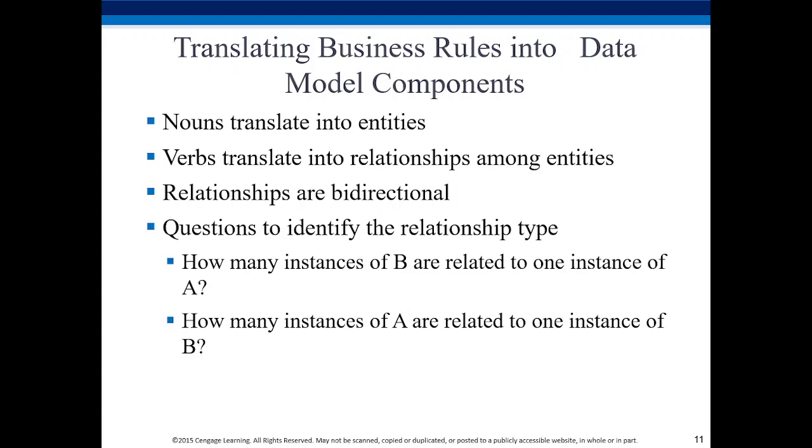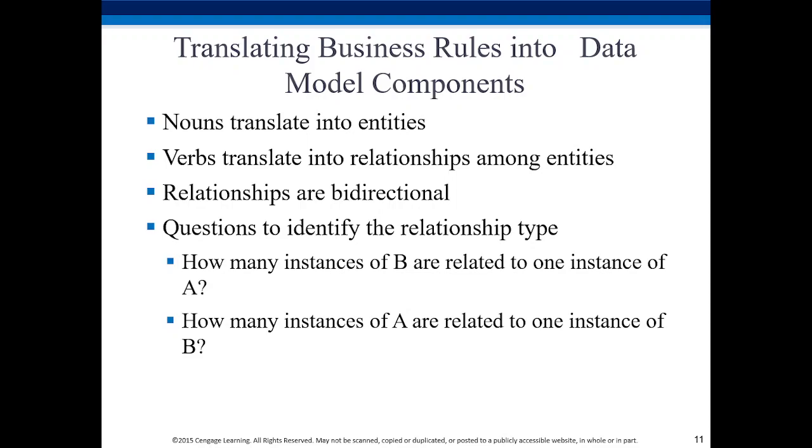Then the relationships are bidirectional. This works with, for example, the teacher and the classes. The classes are related to the teacher, and the teacher is related to the classes.